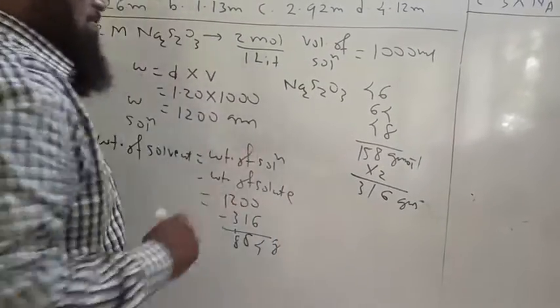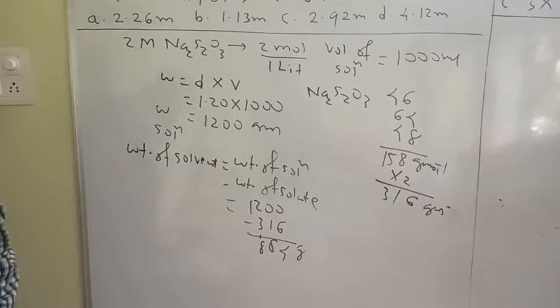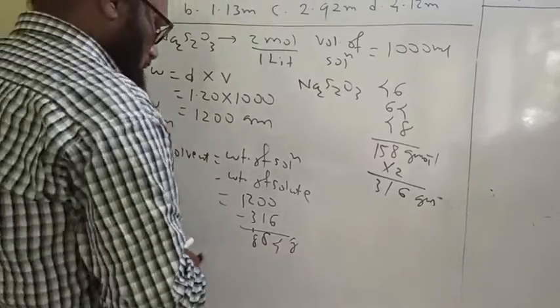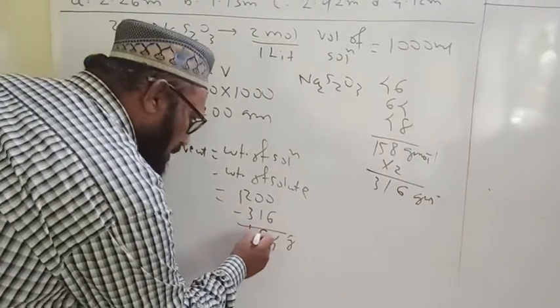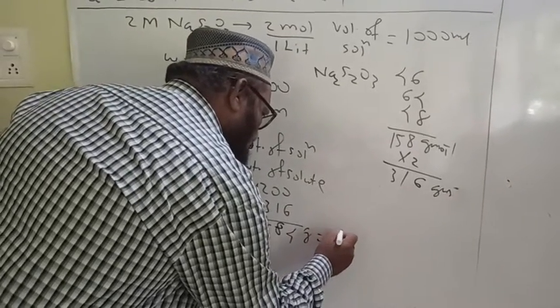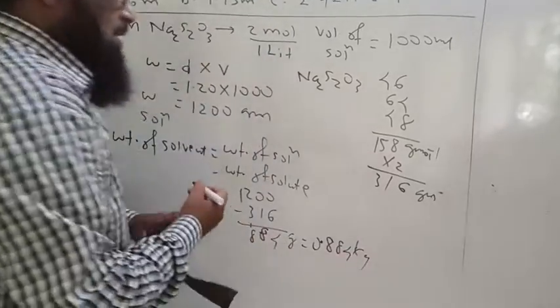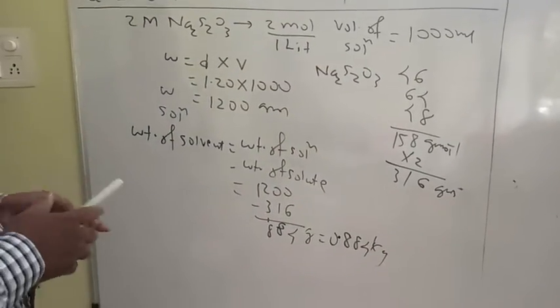That gives 884 gram. This is the weight of the solvent. 884 gram of solvent is equal to how many kilogram? 0.884 kilogram. Then let us solve molality.